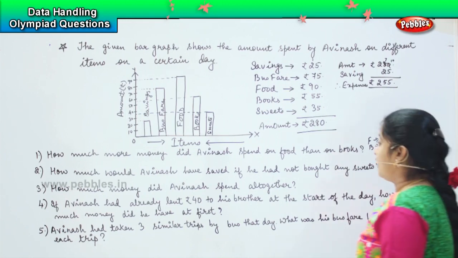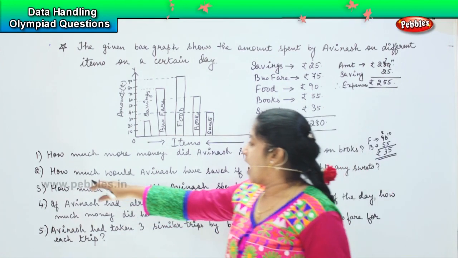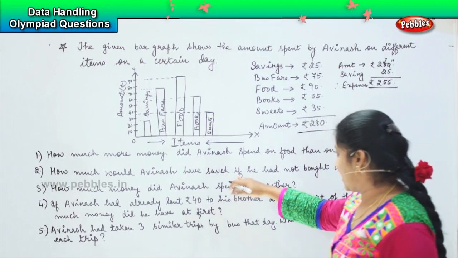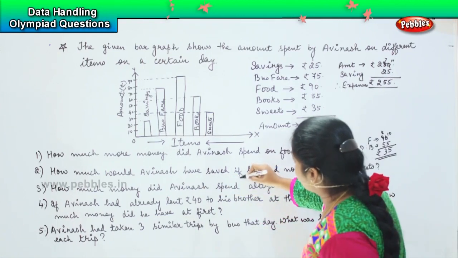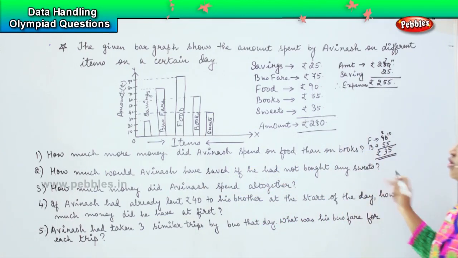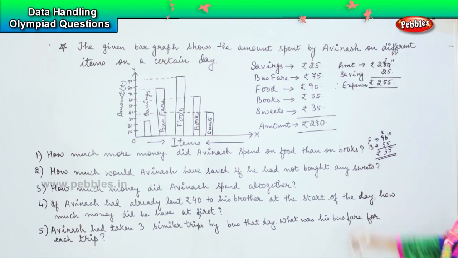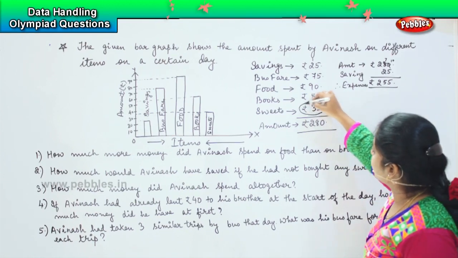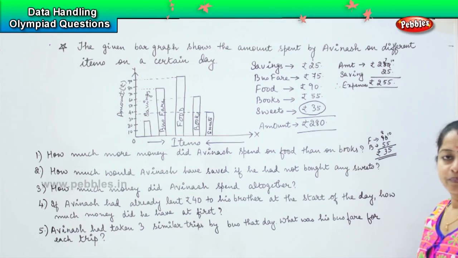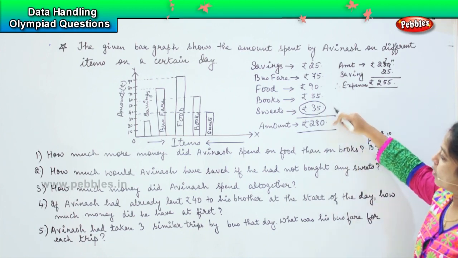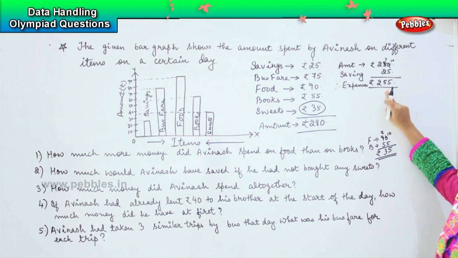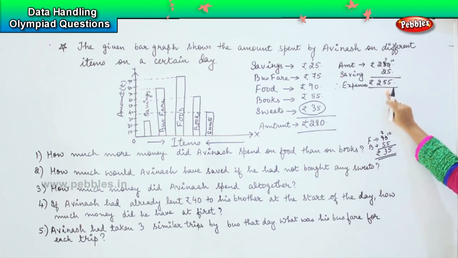Clear? Coming to the next one, how much would Avinash have saved if he had not bought any sweets? So we know that for sweets he had spent 35 rupees, right? So now how much would he have saved? He had spent a total of 255 rupees, right?